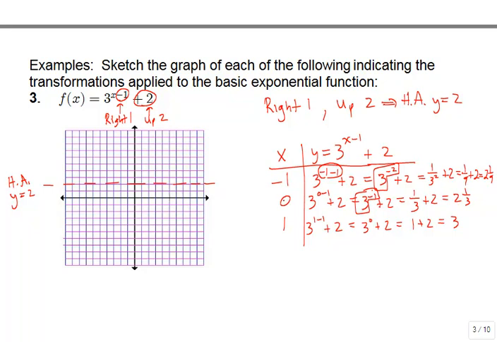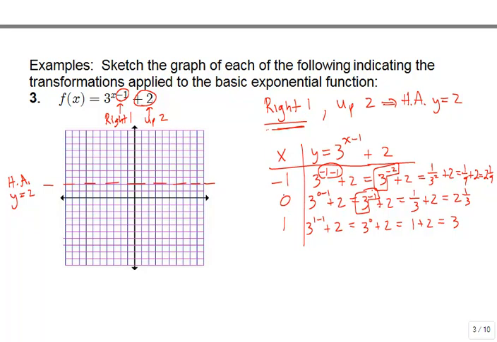Now it's certainly fine to use just these 3 points and plot those. Sometimes what I'll do is take into account my horizontal shift when I'm choosing my inputs. Remember that normally we would use negative 1, 0, and 1, but this graph had a shift right of 1.